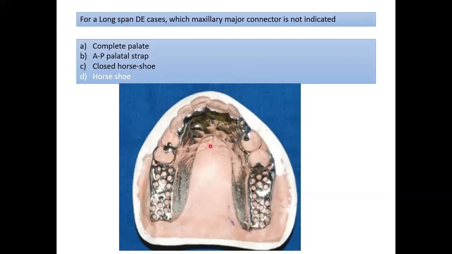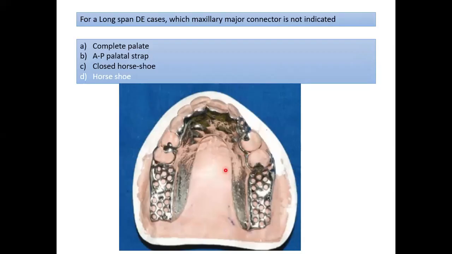When your extension is only till the first premolar in a long span edentulous distal extension case, and you are giving a horseshoe shaped one, in the long run this U shape will widen because of the forces acting on this major connector, and also with the heat when the patient has any hot food or a variation in temperature. This will lead to widening of this U shape, which will easily affect your abutments.